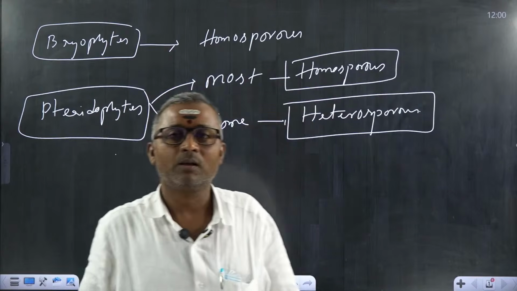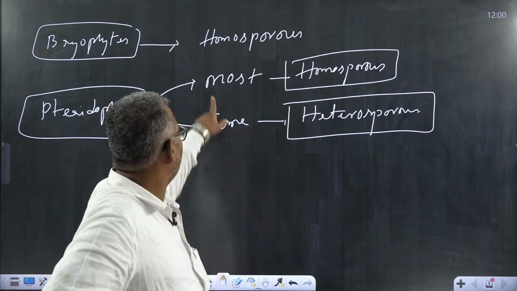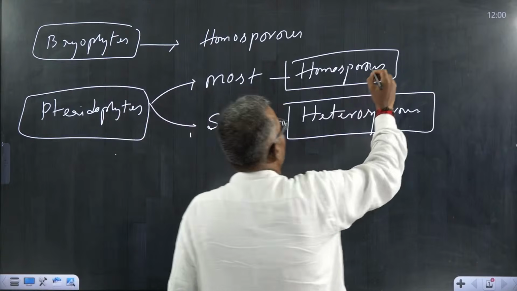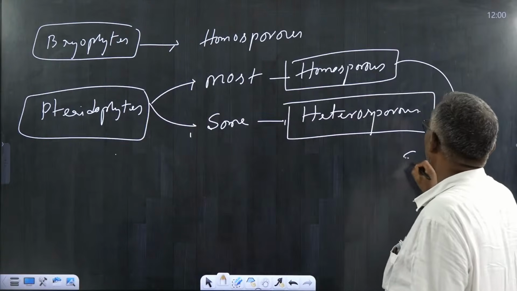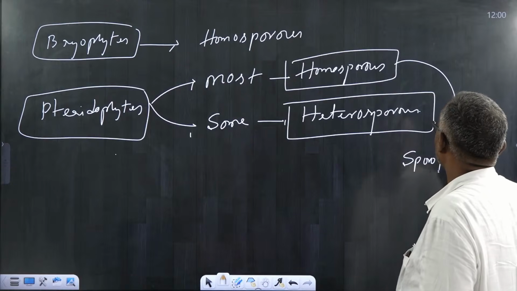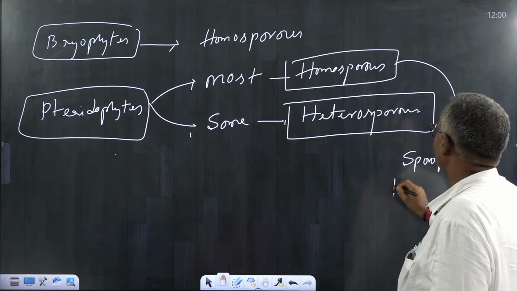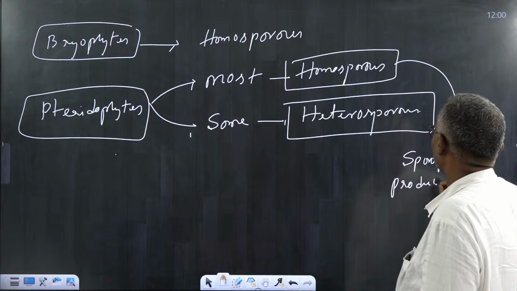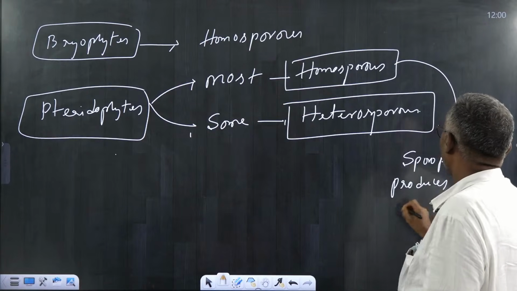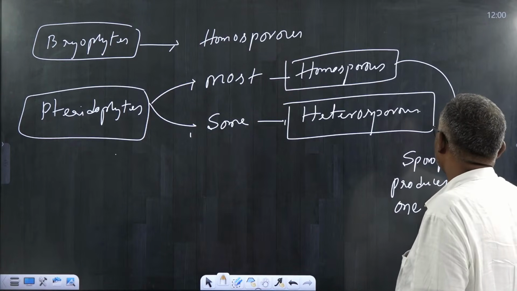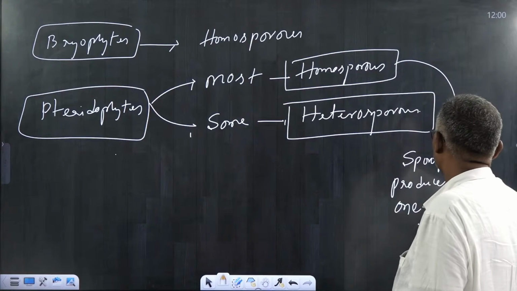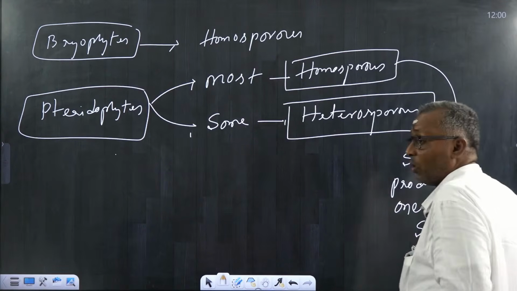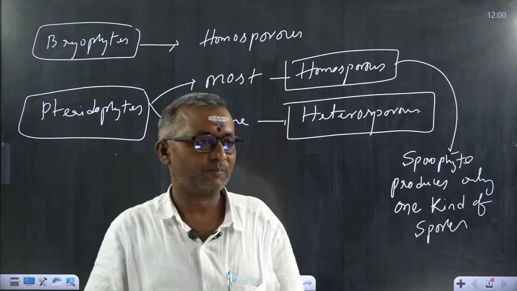Homosporous means that here the sporophyte produces only one kind of spores.